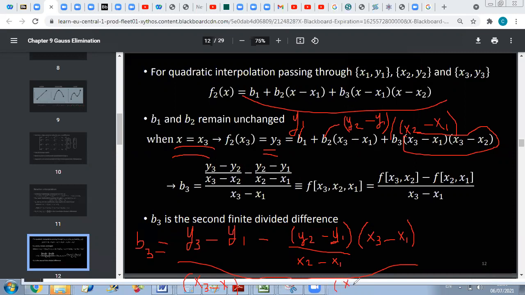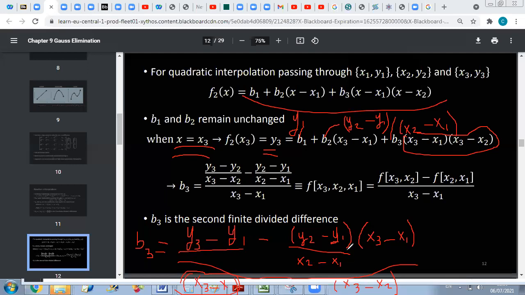Okay, so if I rearrange my terms a little bit, what will I obtain? Look, I have here x3 minus x1. So if I divide the following term, x3 minus x1 will simplify, so here we have y2 minus y1 over x2 minus x1.